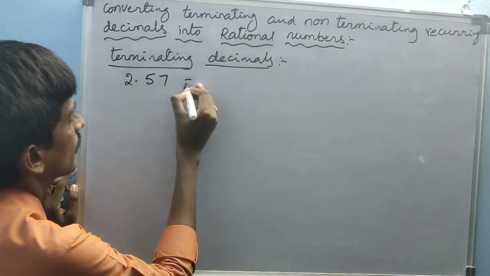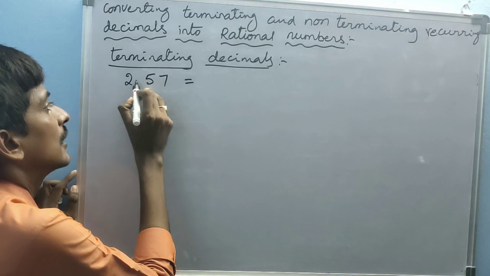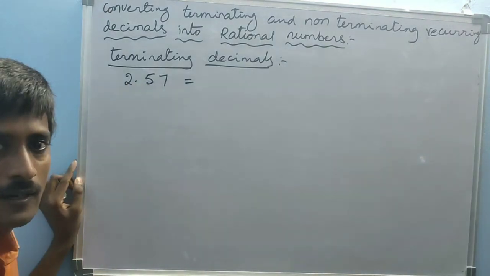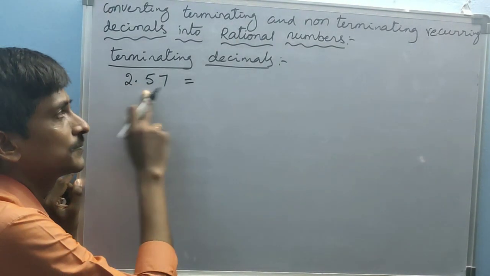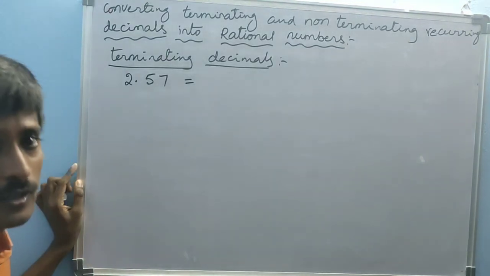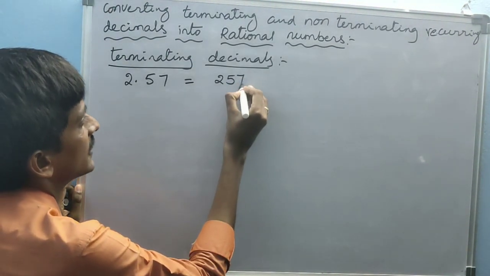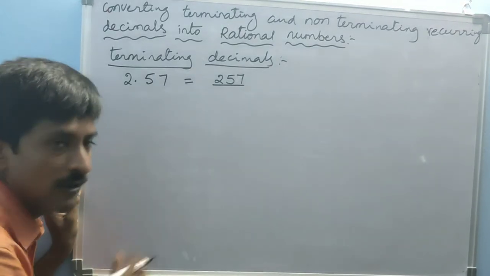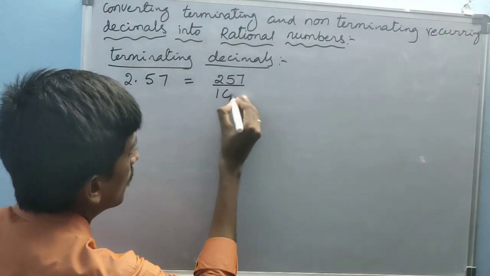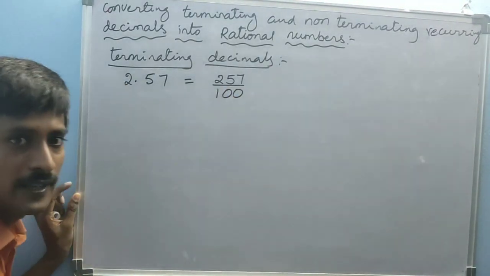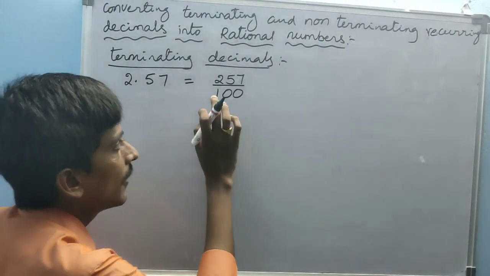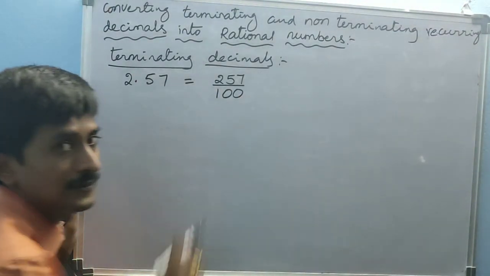Simply, after the decimal point, how many digits are there? Two digits. So simply write 257 by 100. You keep two zeros beside 1.